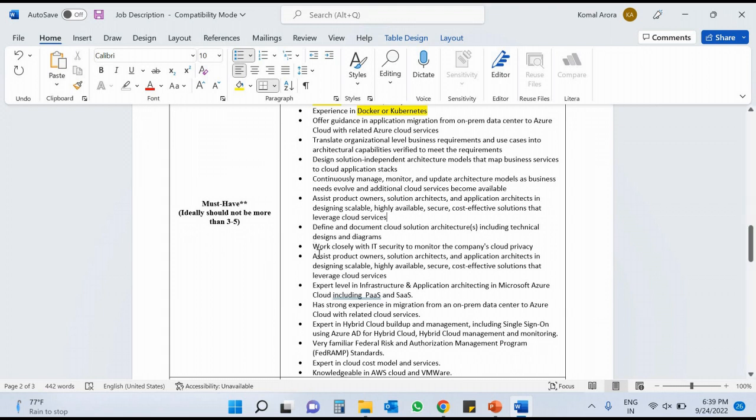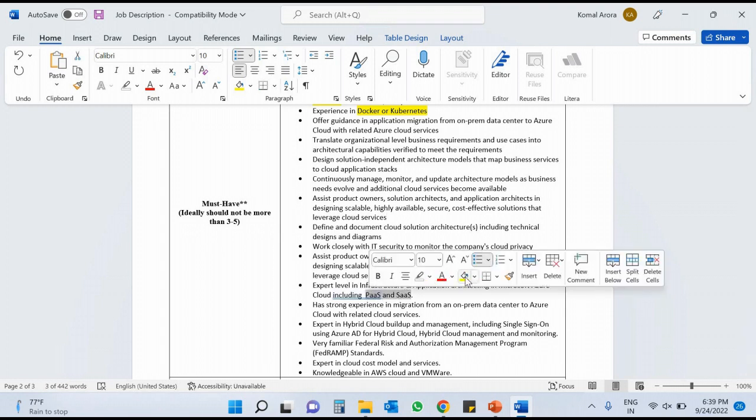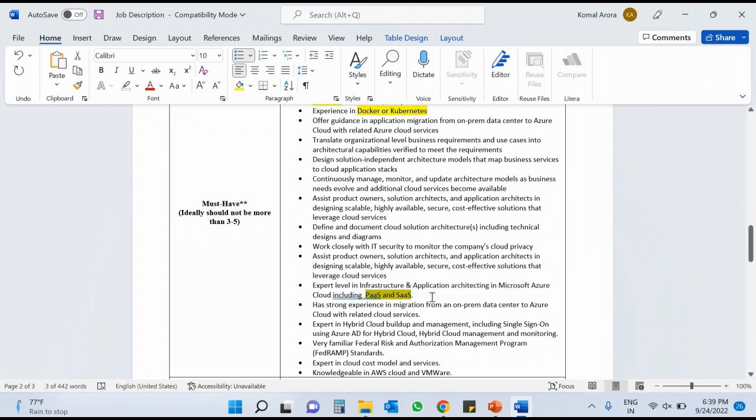Okay friends, the next line is expert level in infrastructure and application architecting in Microsoft Azure cloud, including PaaS and SaaS services. So friends, these PaaS and SaaS are Azure cloud services. So I'm looking for a person having experience in PaaS and SaaS. Next, has a strong experience in migration from on-prem data.